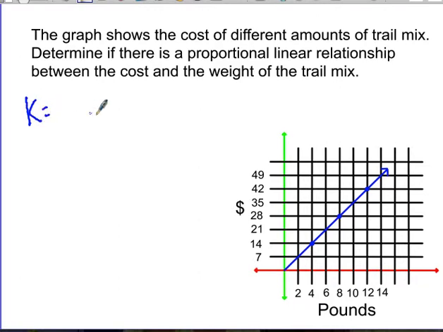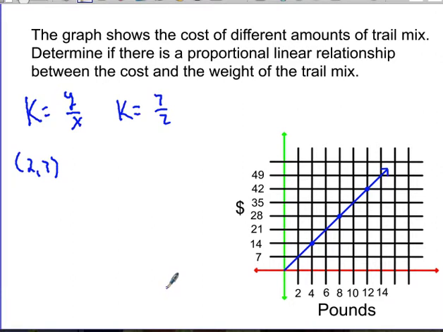And k was a simple matter of y over x. All we did was take a y value and put it over an x value. So can we come up with an x and a y value on this graph? Yeah. Okay, give me an ordered pair. 2, 7. Okay, so y over x, then k would be, if there is a k value, k would be 7 over 2.